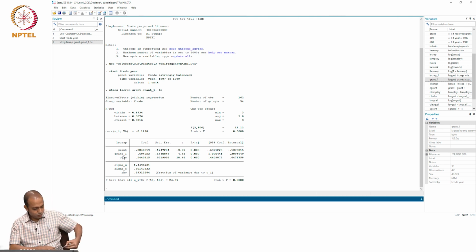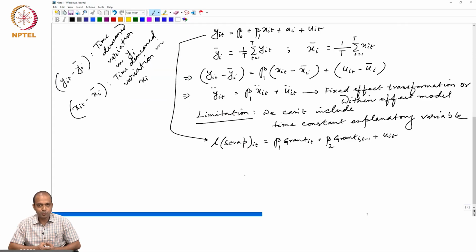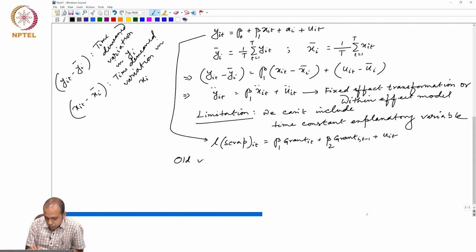So, what we can do is understand the presence of the constant term by another interpretation of the fixed effect model. The fixed effect transformation that we do is the modern version of the fixed effect transformation, but there is also an old version of the fixed effect model. Old version of FE.